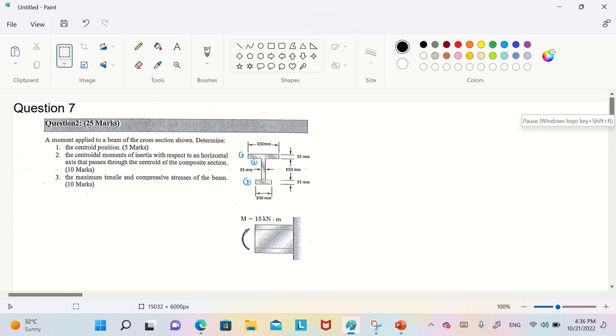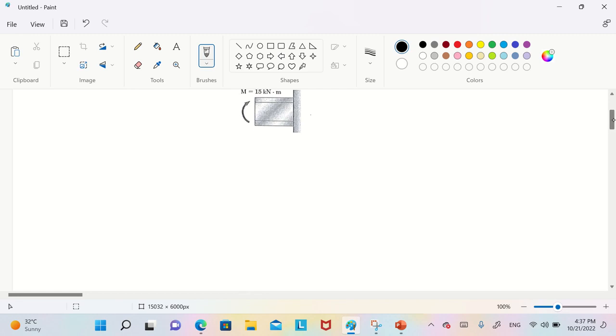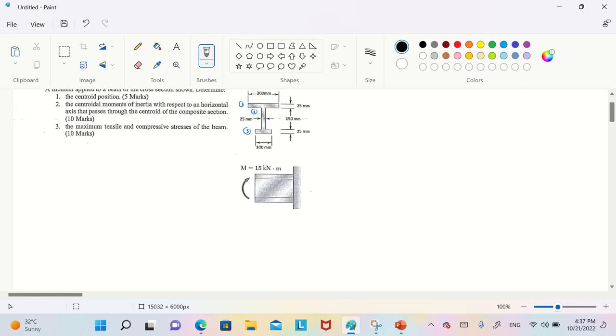Determine the centroid position and centroidal moments of inertia with respect to a horizontal axis that passes through the centroid of the composite section, and the maximum tensile and compressive stresses of the beam. Okay, so I'm gonna draw over here.